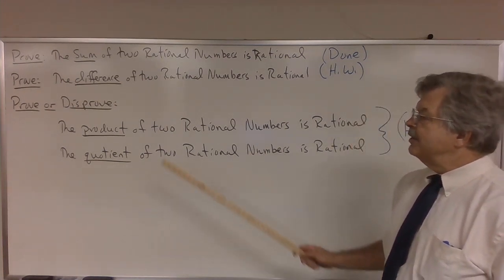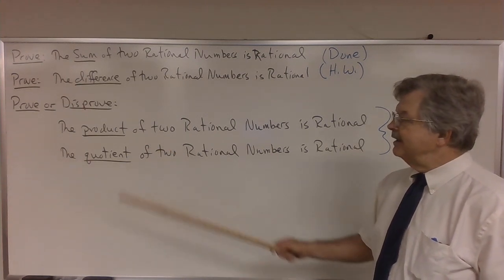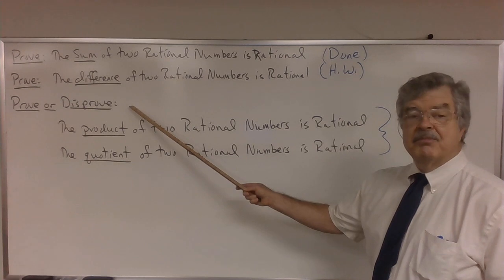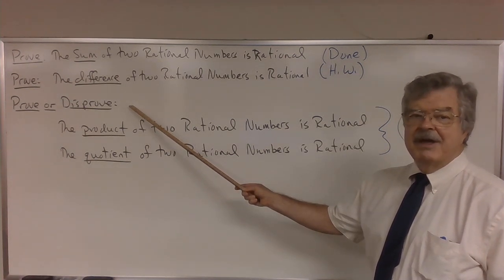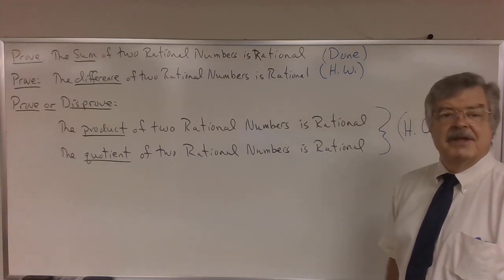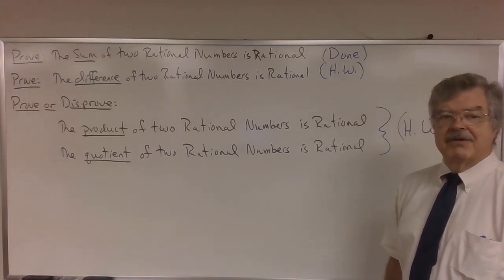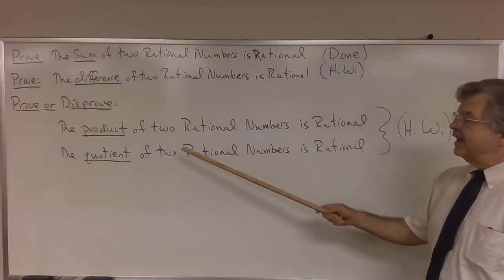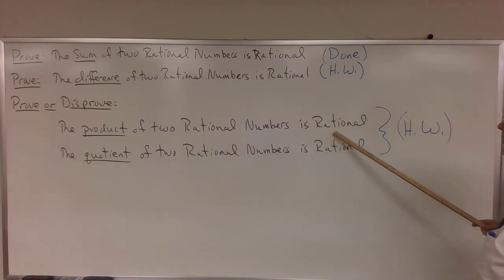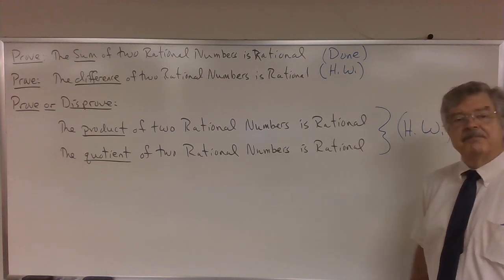Also for homework, we have these two assigned. And the instructions are prove or disprove. So they may be true, they may not. If they're true, prove them. If they're false, give a counterexample. The first proposition is the product of two rational numbers is a rational number.